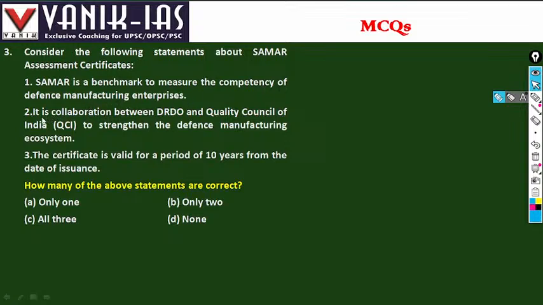So, correct. It is in collaboration with the DRDO and the Quality Council of India, right? The certificate is valid for a period of 10 years. That is wrong. So only one and two are correct.